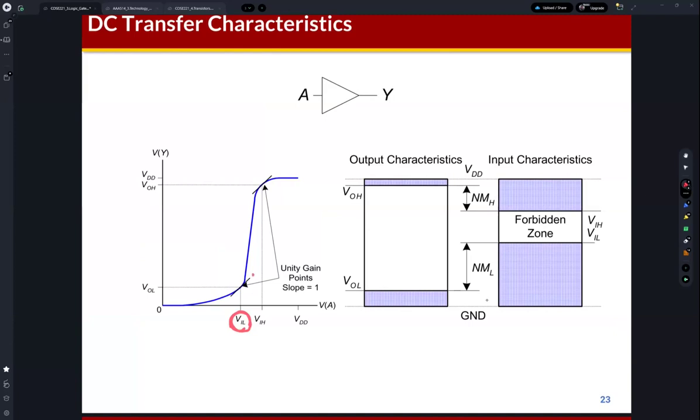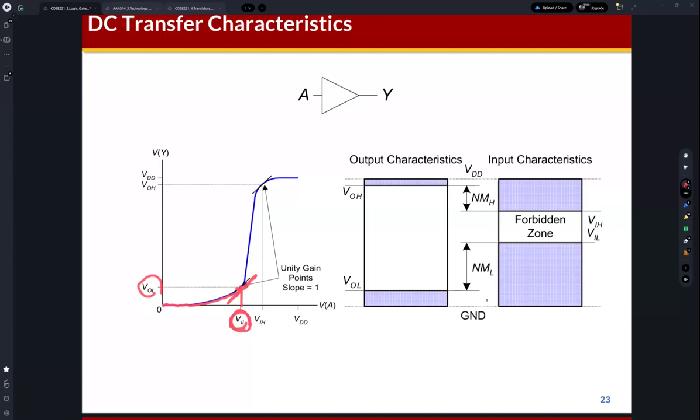Actually, when the slope is 1, okay, if we just measure the slope of this graph, until this point the output increases slowly. Okay, the output voltage level increases slowly, and then we define that at this point the slope is 1.